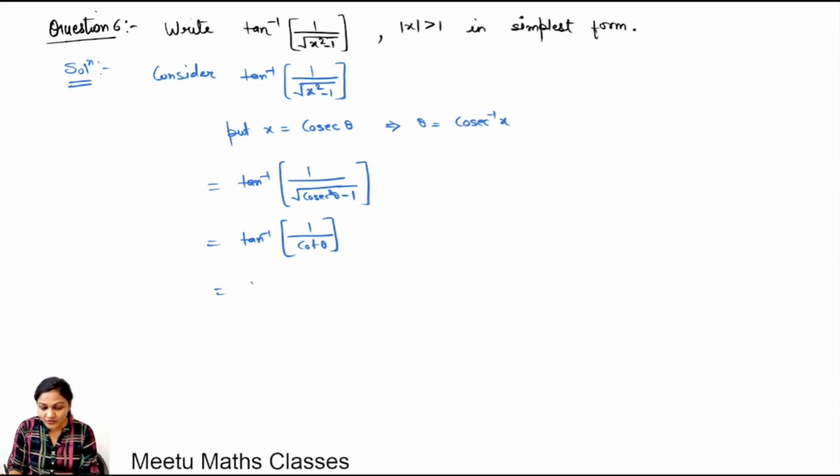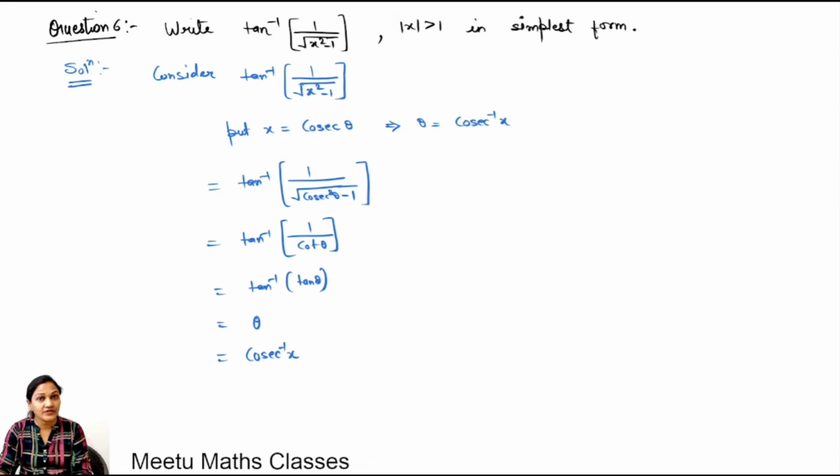Now 1 upon cot theta is equivalent to tan theta, and tan inverse of tan theta will give you theta only, and theta is equivalent to cosec inverse of x. So your function in simplest form is cosec inverse of x.